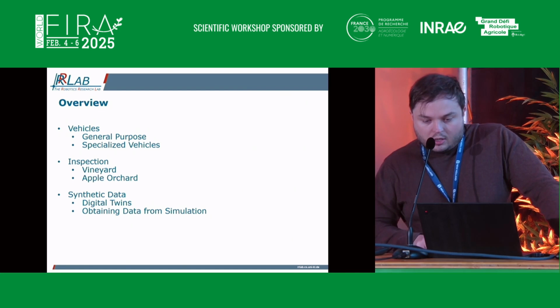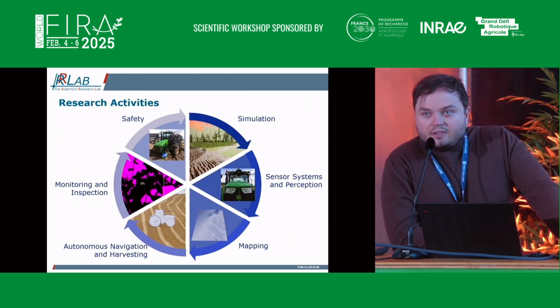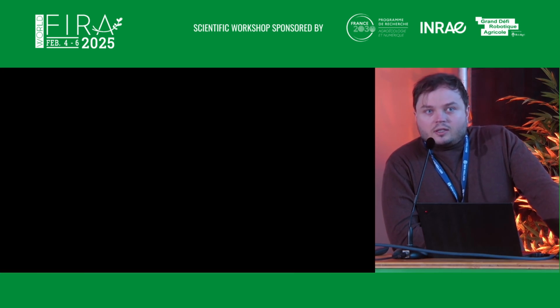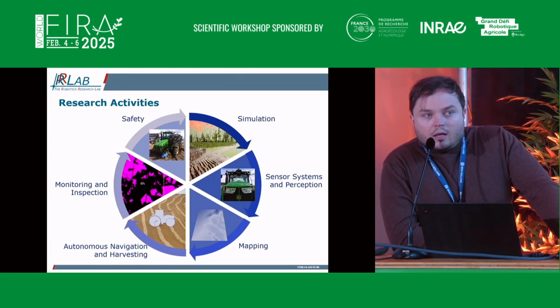So to give you a brief overview of how the life cycle of our machines and basically AI applications in agriculture looks like, we try to make it a full circle approach.